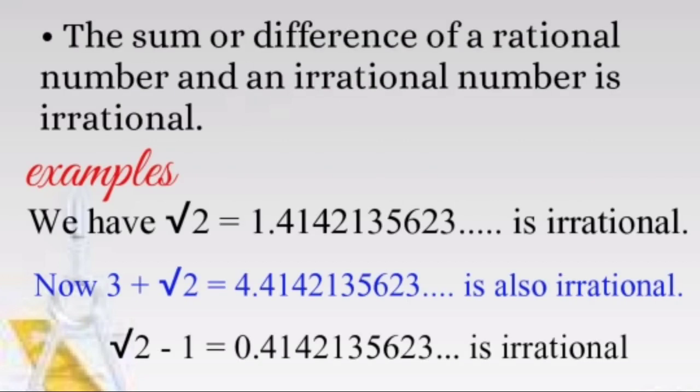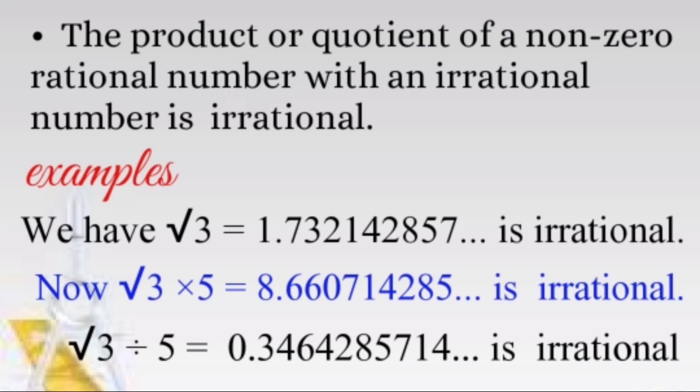The first point, the sum or difference of a rational number and an irrational number is irrational. The second one, the product or quotient of a non-zero rational number with an irrational number is irrational.